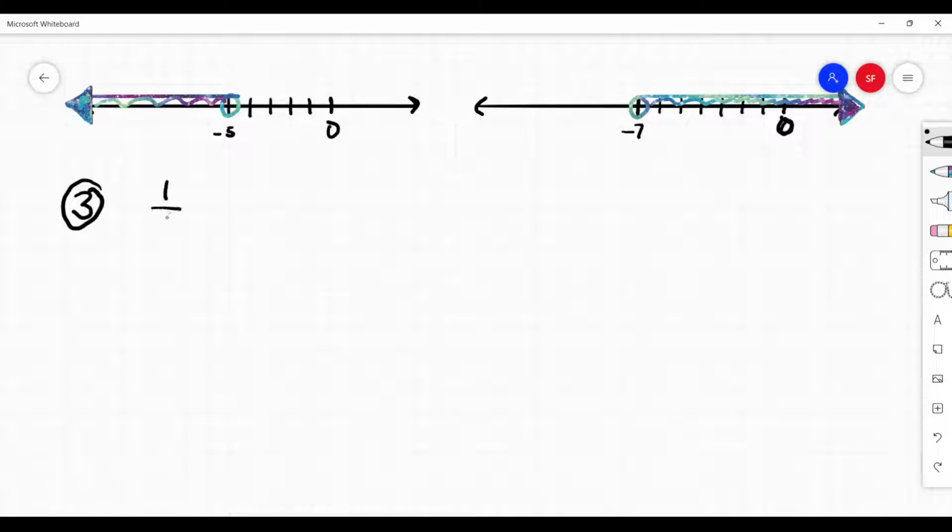Number 3 is going to be 1/3 x is greater than 6.